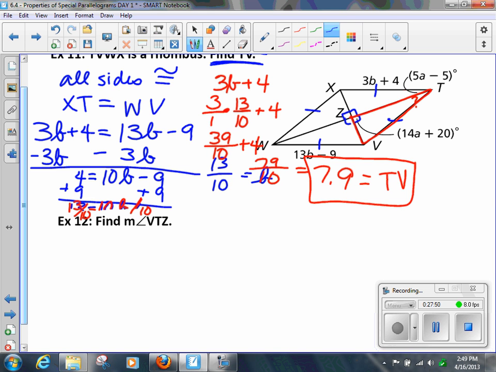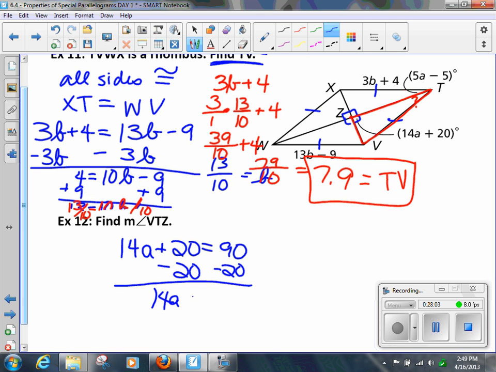Oh, can I find A? Yes. How? Equal it to 90. 14a plus 20 is 90. 70 divided by 14, is that 5? Yep. Okay.